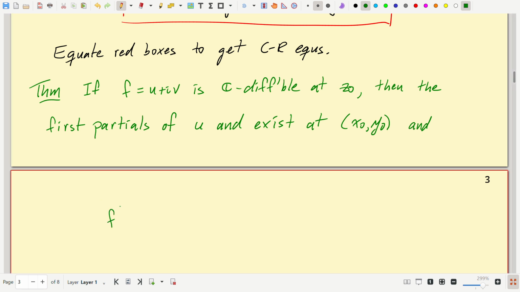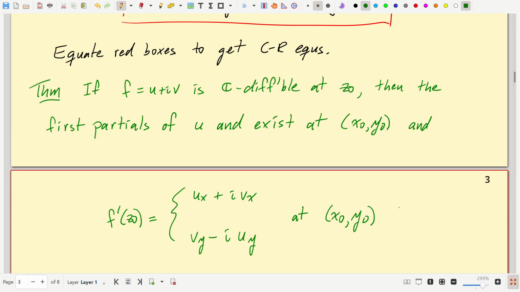So f prime of z naught is equal to du dx plus i dv dx, and it's equal to dv dy minus i du dy at x naught, y naught. Those are the Cauchy-Riemann equations.